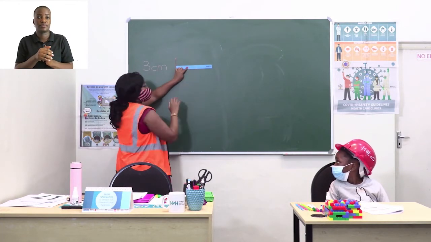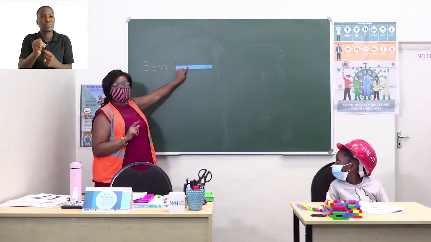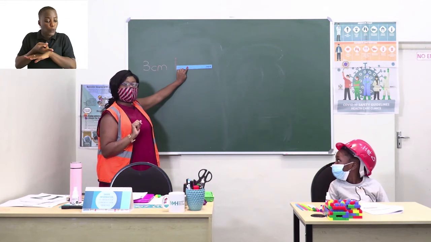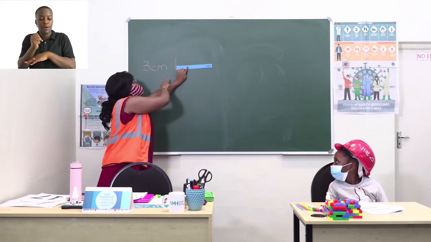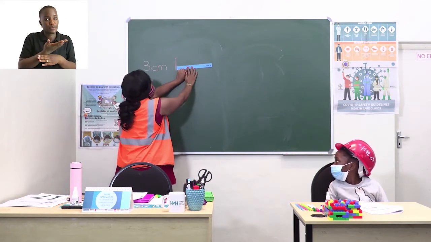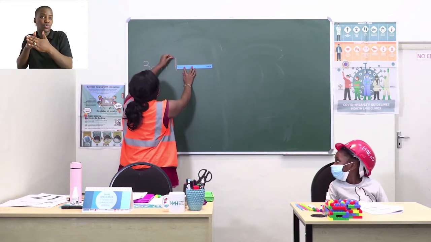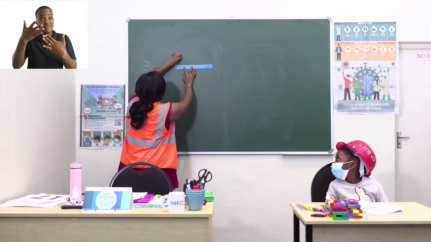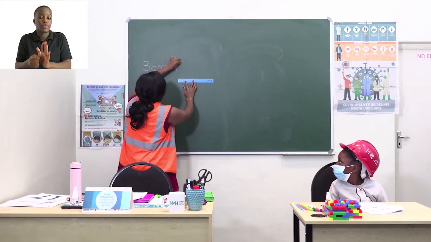And by looking at your ruler, you will be able to see how 3 centimeters would look from your starting line to your finishing line. Your finishing line should be in line with the number you have been asked to measure.